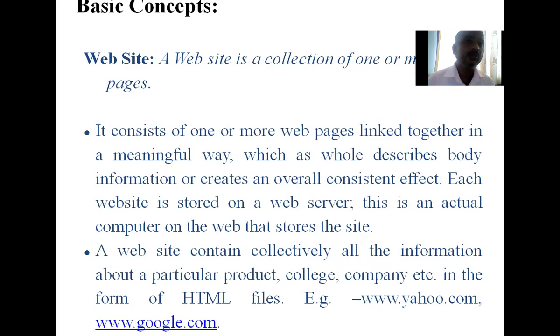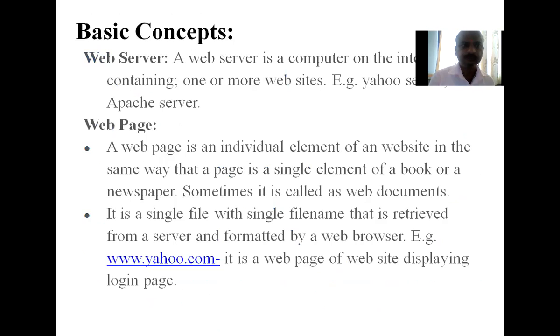If you are going to search any particular information, you are getting a number of pages regarding that information. Then what is a web server? A web server is a computer on the internet containing one or more websites, that is Yahoo server, Apache servers.